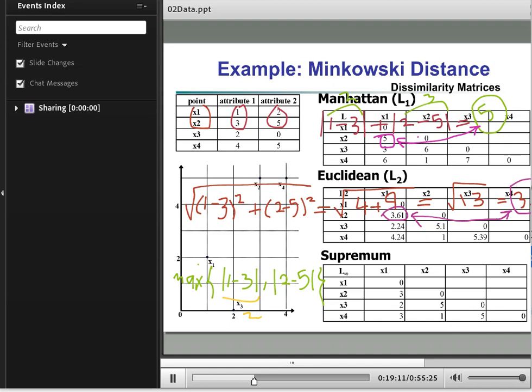This is equal to 2 and this is 3. So the maximum value is 3.